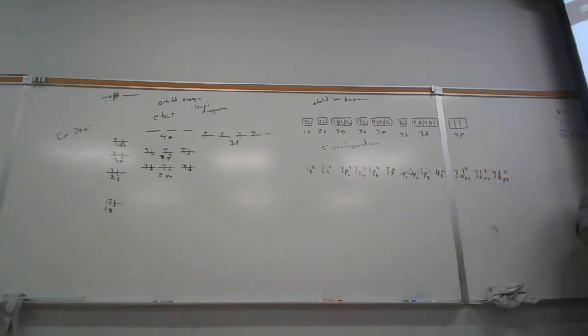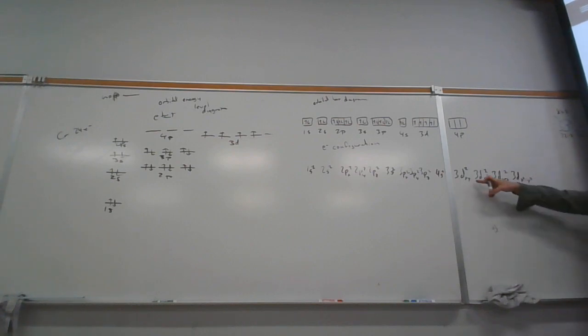And so we got those 3 planes in 3 dimensions. And then there's something called the 3d x squared minus y squared, which has a slightly twisted orientation compared to the xy. And then we have the 3dz squared.